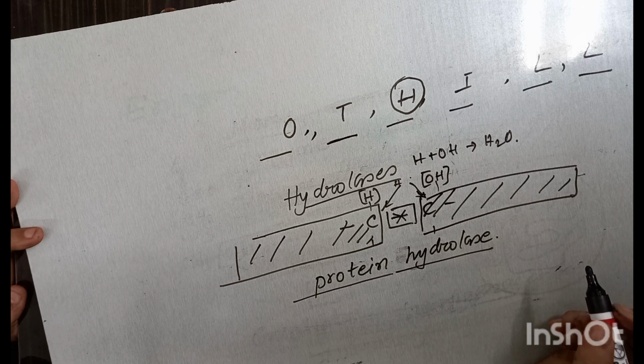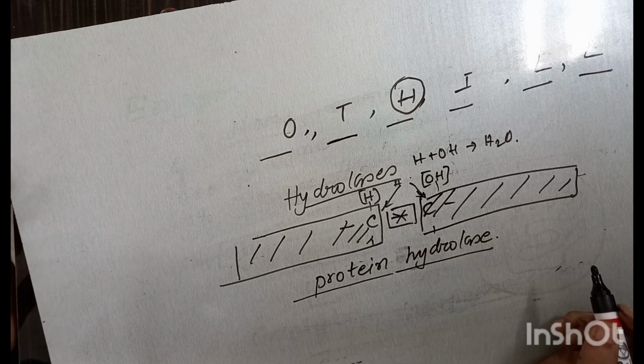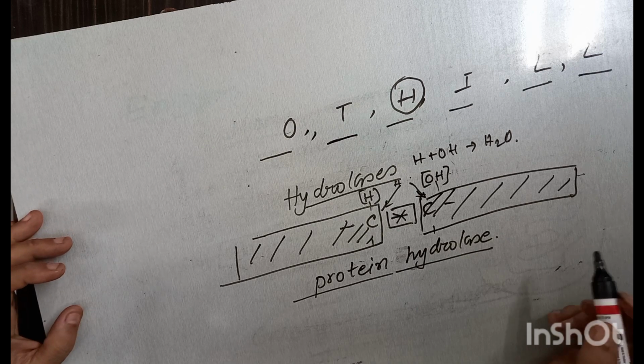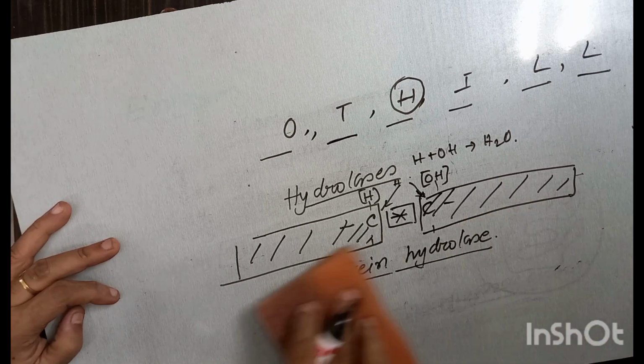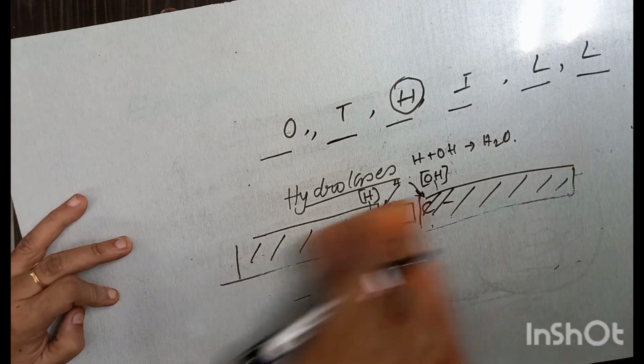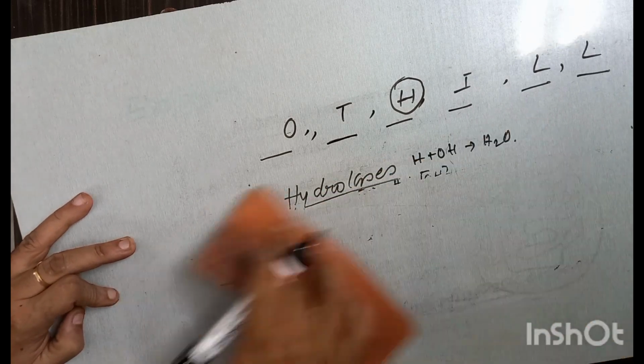So there can be carbohydrate hydrolysis, which breaks bonds between starches and glycogens, those complex, big-sized carbohydrate molecules. If we eat those large polymers of carbohydrates, what are these called?